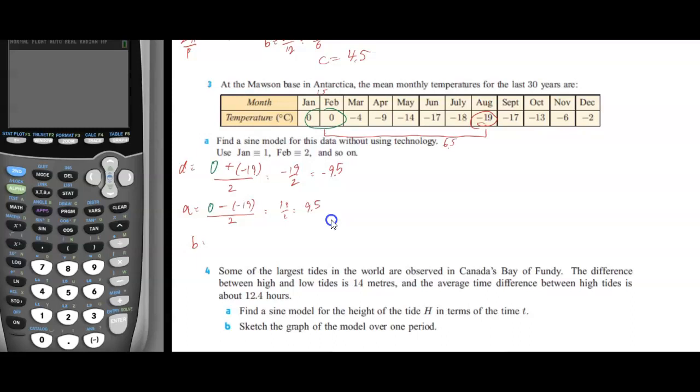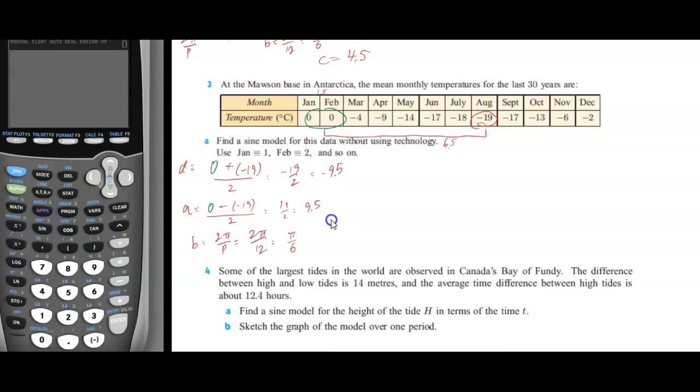Again, we could also say this is a yearly temperature cycle, so 12 units would be the width of this cycle. So the period would be 12 in this particular case. We don't really need to use 6.5 doubled, which would give you 13, because we know that the cycle is 12 months long. So 2 pi over P is equal to 2 pi over 12, which is pi over 6.